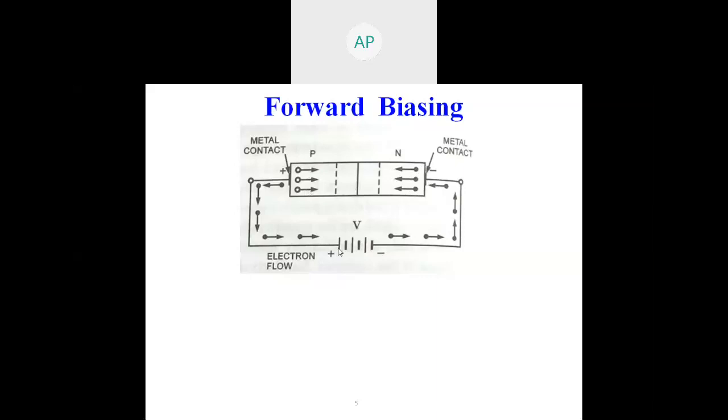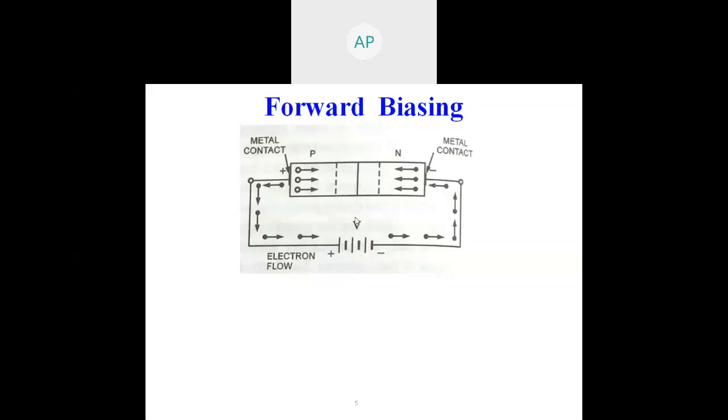Across the depletion layer, on the p side we have negative charge carriers, and on the n side we have positive charge carriers.